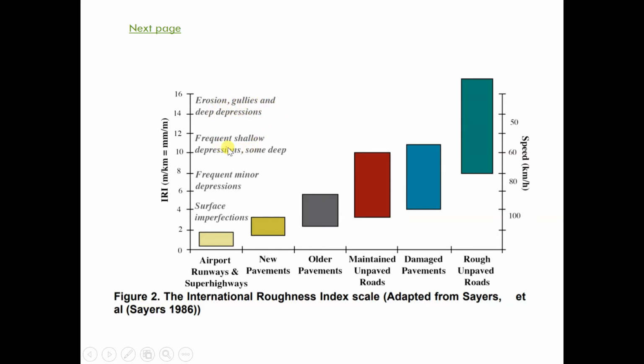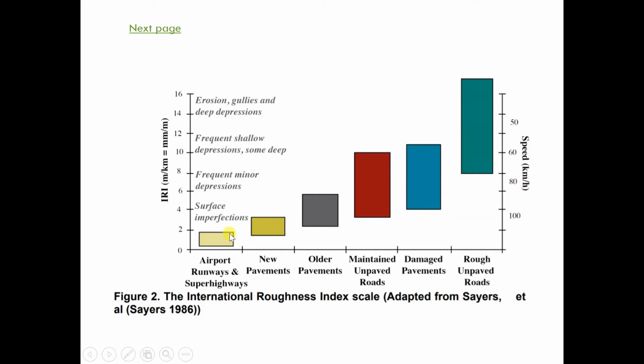Then 10 to 12 is frequent shallow depression, some deep. 6 to 8 is frequent minor depression. Around 4 is about surface imperfection, and then 0 and 2 are good, for the airport runway and superhighway, between 0 and 2.